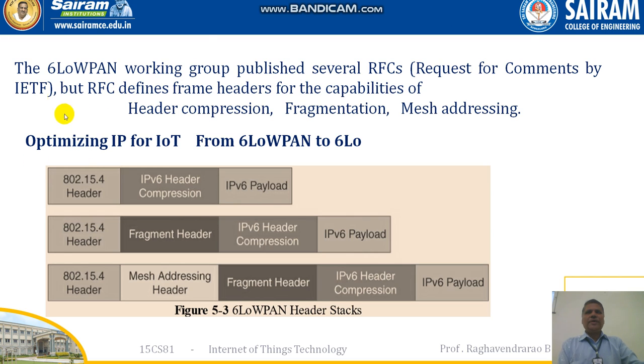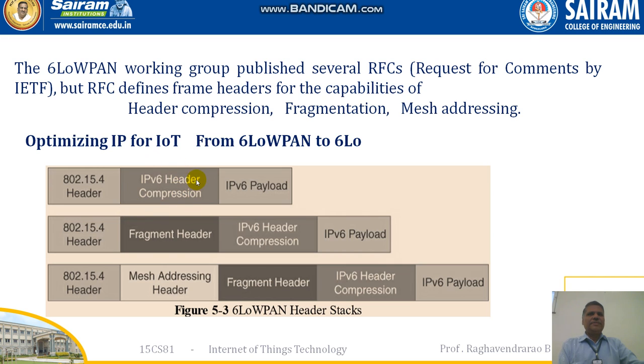The 6LoWPAN working group publishes several requests for comments, and the RFC defines frame headers for the capabilities of header compression, fragmentation and mesh addressing. Now you can see the 802.15.4 header.